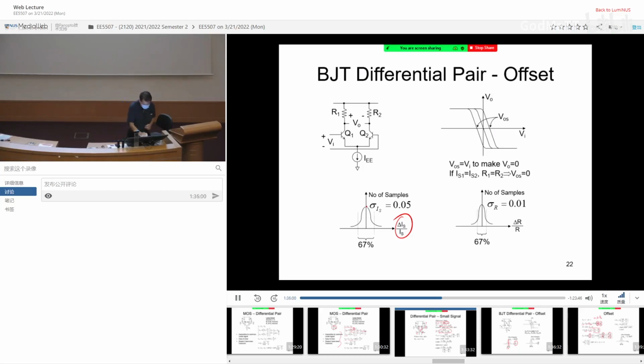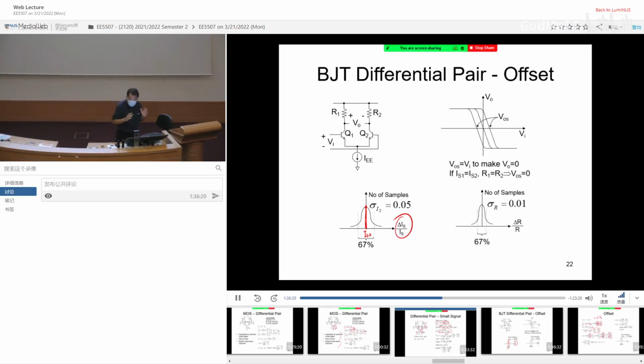Most of them will have the mean value surrounding here, maybe IS naught. But if you are talking about mismatch, let's say delta IS is 0, maybe this amount of sample will be there.